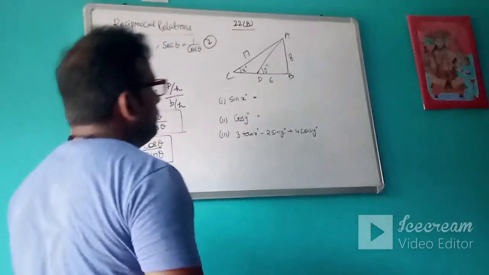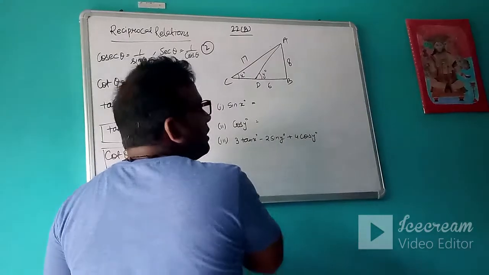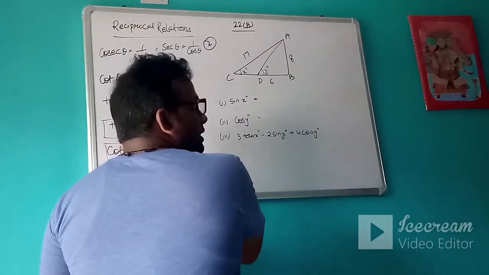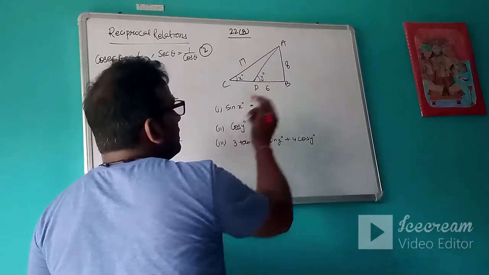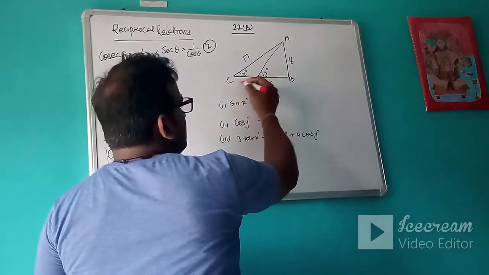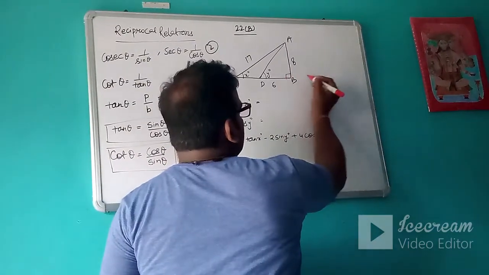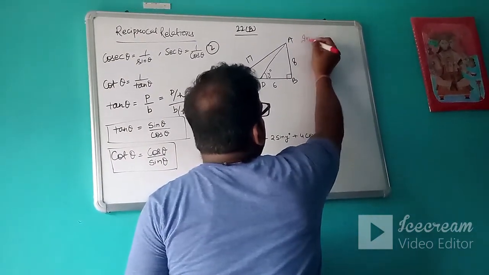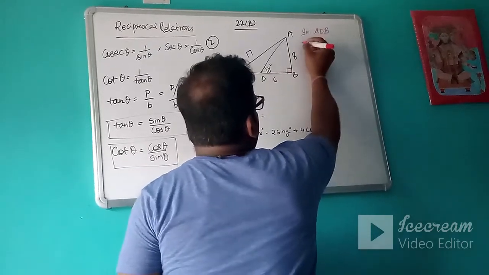Suppose a figure is given like this, and this is 8, this is 6, and this is 17. In order to find the values, first we will find the sides which are not given. This angle is given as 90 degrees. So if I take triangle ADB, what is AD?